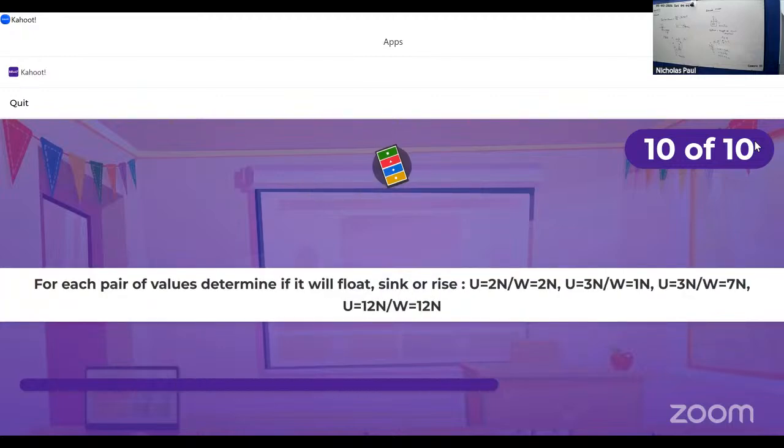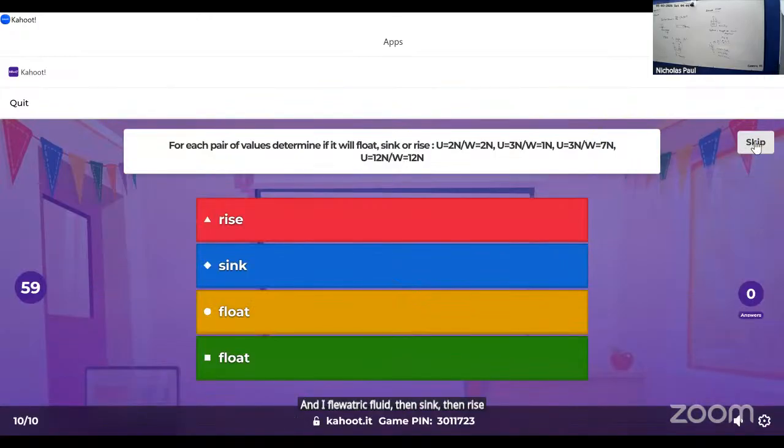Put them in order, right? First have to be float, then sink, then rise, right? Put them in order. Oh no, you gotta say what all happened with the first one, so that will be float. And then put them in order, right? Put them in order.